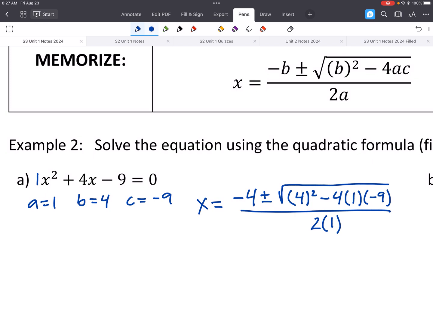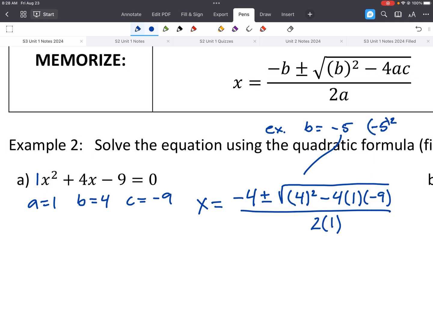Okay, so why do I say parentheses? Is because sometimes people run into issues, especially if, like, let's say, example, if b was -5, okay? If you plug this in and you didn't use the parentheses, so you just did something like this, your calculator is only going to square the 5.